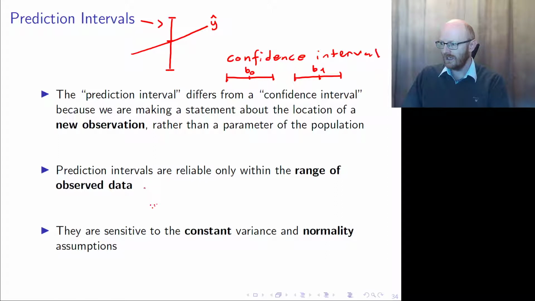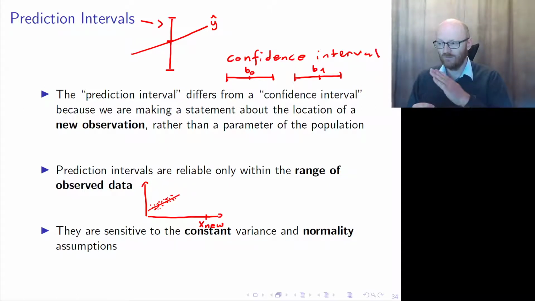For example, if you have data here, and you're estimating a line, and suddenly you have an x new over here, you have a lot of white space between your data points and the new prediction, which means that your regression line was fitted based on different data than you use for your prediction, which is quite dangerous.